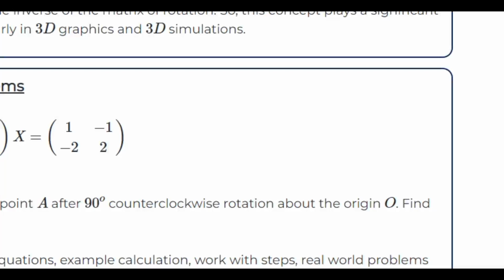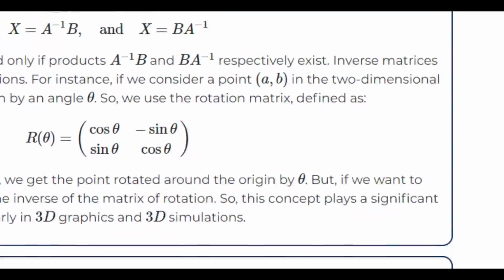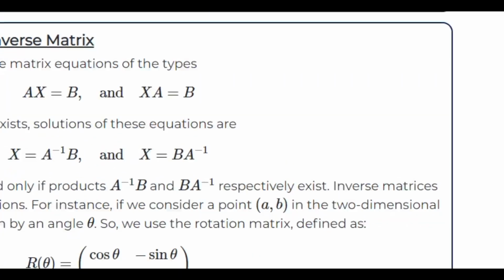There is no solution. Okay, because this formula is very easy, but the solution exists if and only if the products A inverse B and B A inverse exist. Otherwise you are unable to determine.